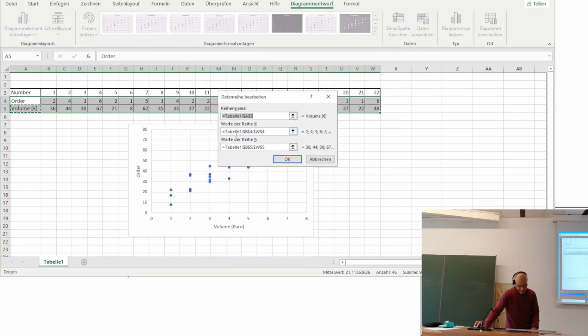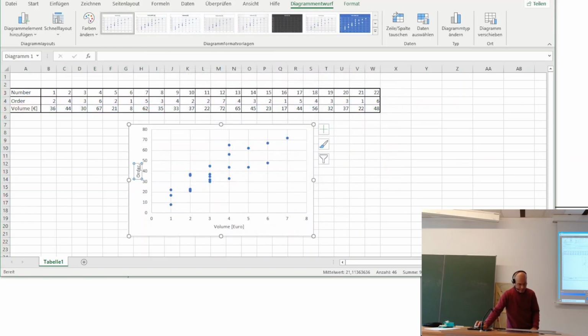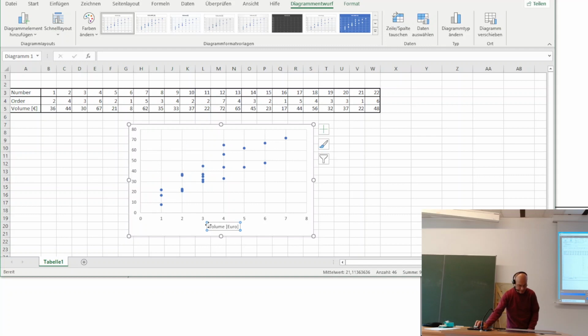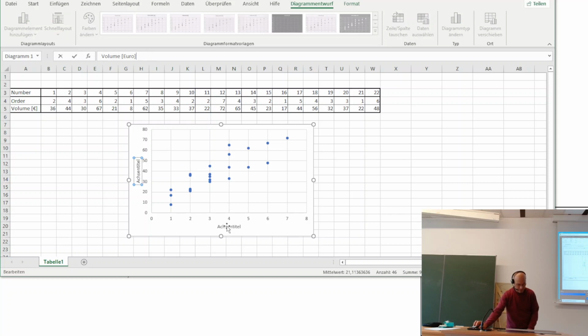Let's have a look again. Yeah, B is order, so the horizontal axis. So I was too fast. Again, axis, plot this volume, and here we have order. Sorry.